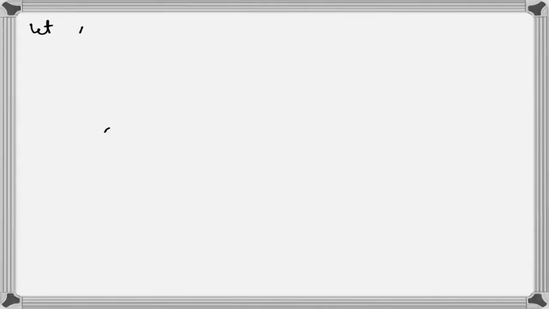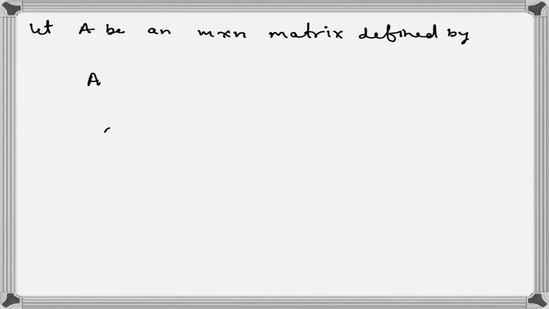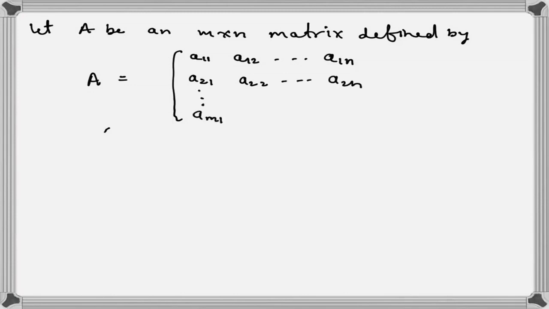Let A be an M cross N matrix defined by A equals A11, A12, A1n, A21, A22, A2n, AM1, AM2, AMN.